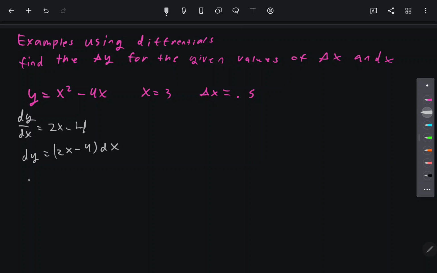Plugging in 3 and 0.5, we get dy is equal to 2 times 3 minus 4 times 1/2. So dy is equal to 6 minus 4 times 1/2. This evaluates to 2 times 1/2, so dy is just equal to 1 for our given value of x and change in x.